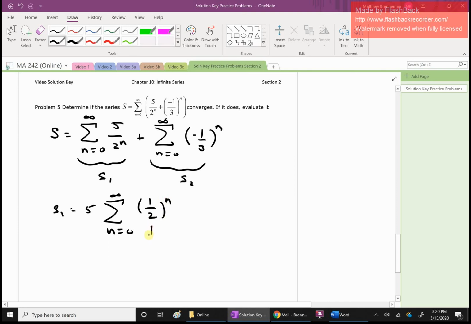And here my r is 1/2. So it's going to converge, and I know what it's going to converge to. 5 times 1 over 1 minus r, which is going to be a half. And here I'll get a half on the bottom, and when I flip it, it will become 2. And so S1 will be 5 times 2, or 10.